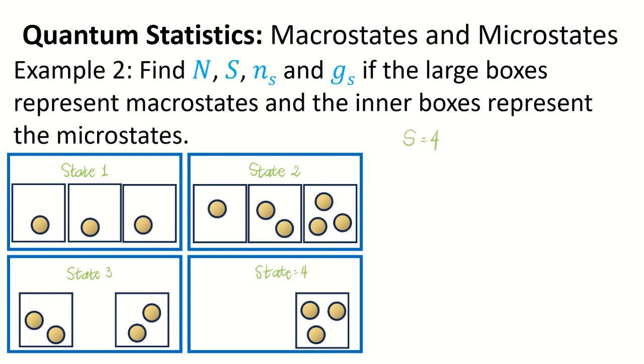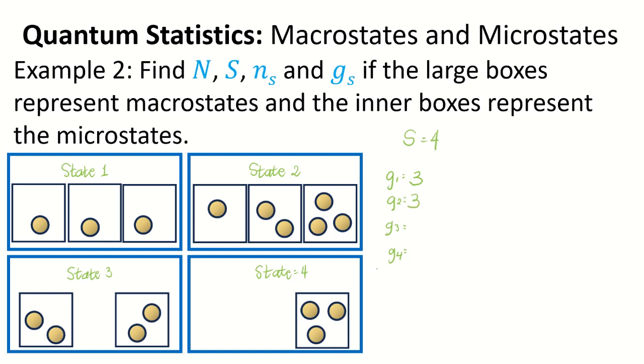Now let's find how many microstates are there in each of the macrostates. We can write G sub 1, G sub 2, G sub 3, and G sub 4. Since there are 3 smaller boxes in state 1, G sub 1 is equivalent to 3. For state 2, there are also 3 smaller boxes, so G sub 2 is equivalent to 3.